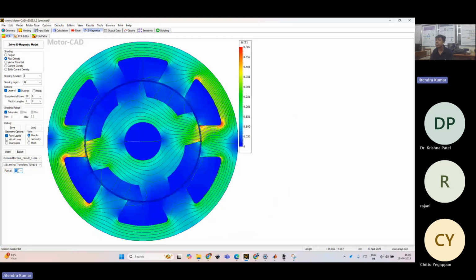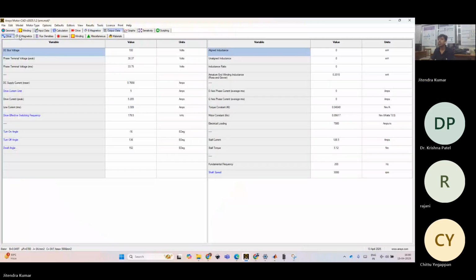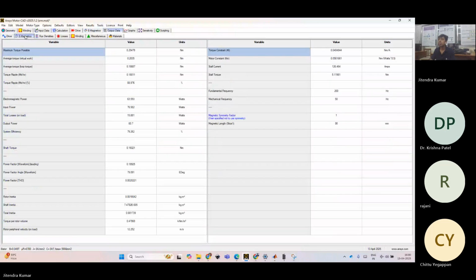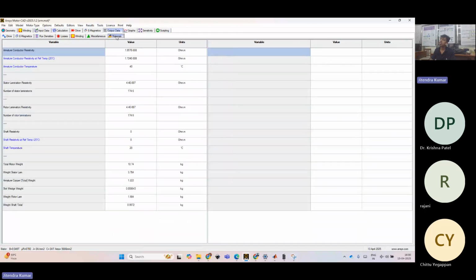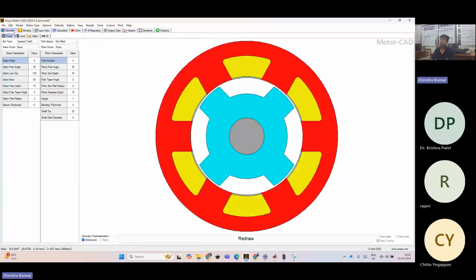So this design is exactly equal to that. Just slot pitch, rotor pole angle, stator pole angle. See, both are considered as equal. That is why it is completely getting aligned.